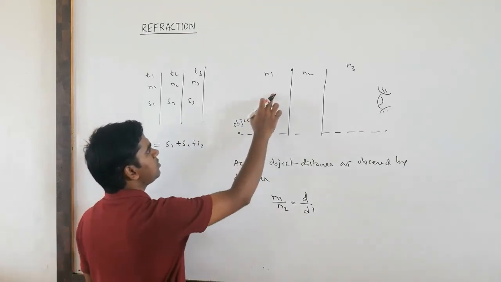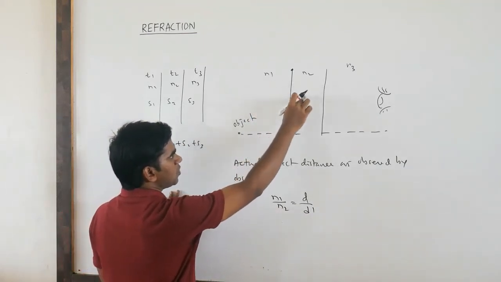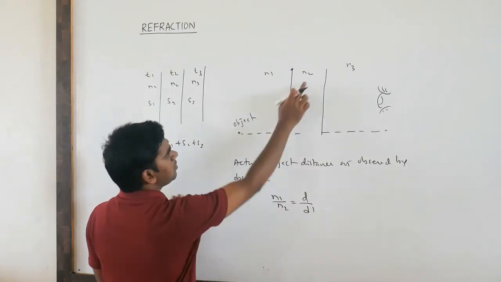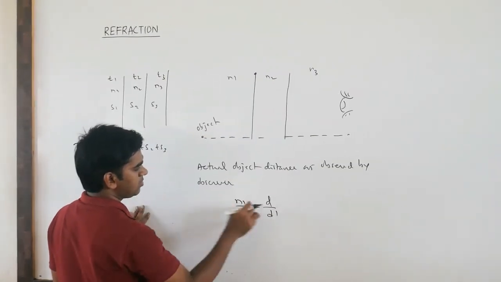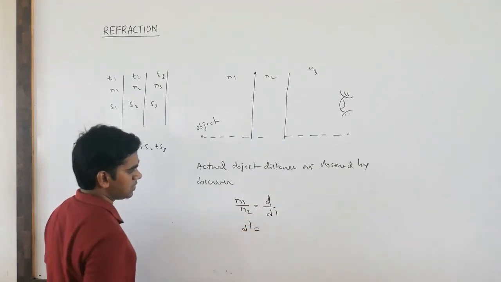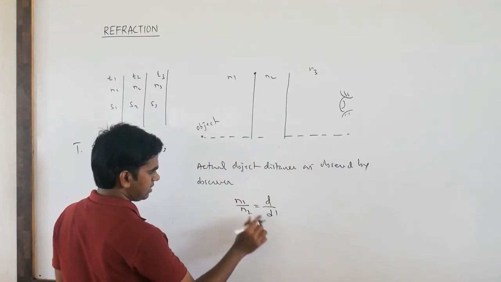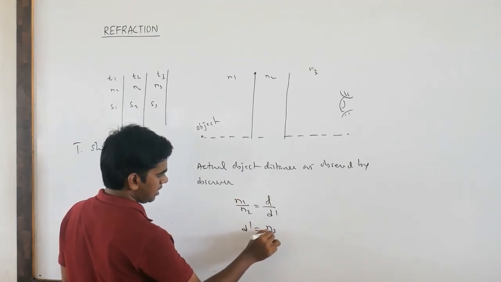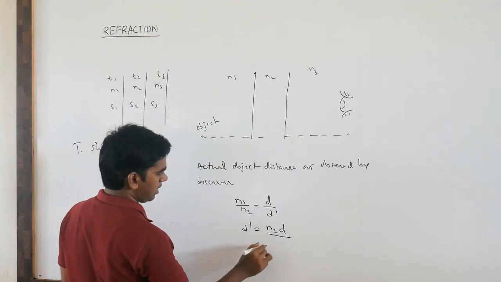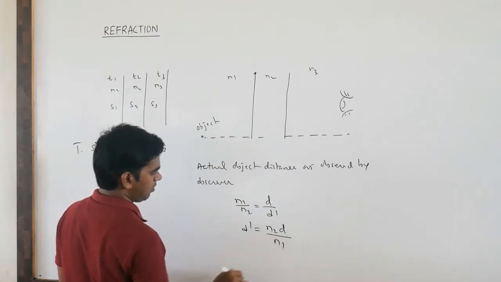So here N1 is N1 only, and N2 you can take as the denser medium. So D by D dash. What will be the D dash? D dash equals N2 into D divided by N1.